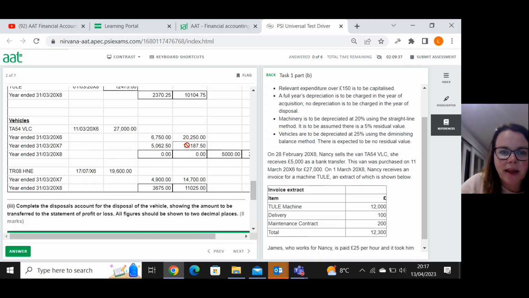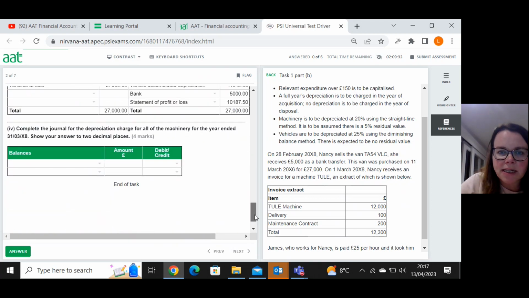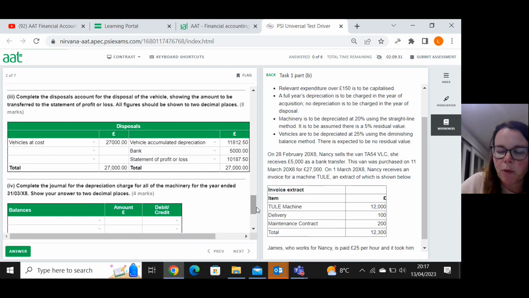Yeah, there's the carrying amount there in my non-current asset register. Right, so the carrying amount is £15,187.50, and I only got £5,000 for it. So I am out of pocket. Effectively, what's happened is I've under depreciated, and now it's rectifying itself with an extra expense that's shown as that loss on disposal.